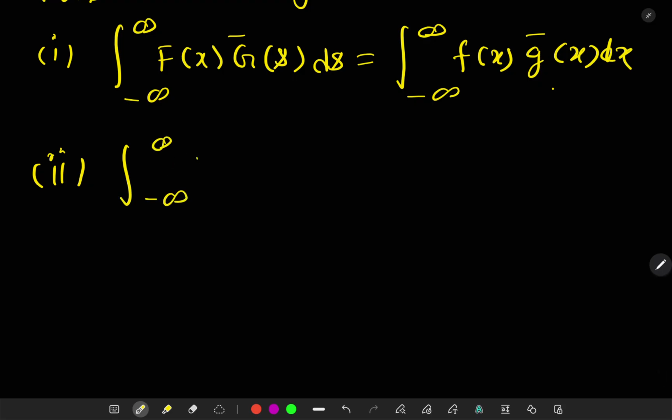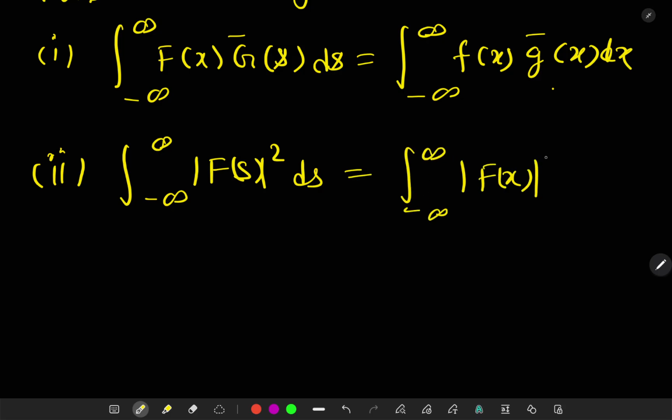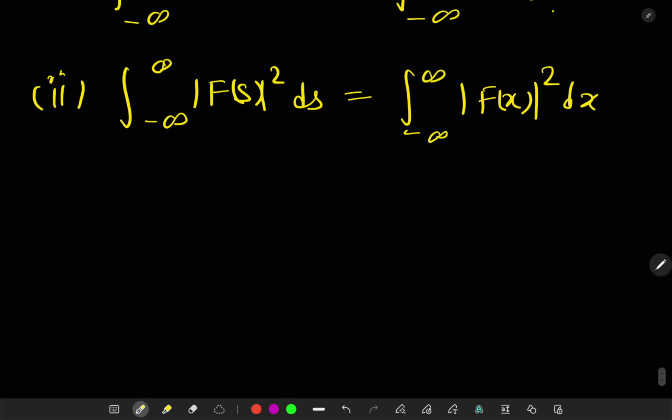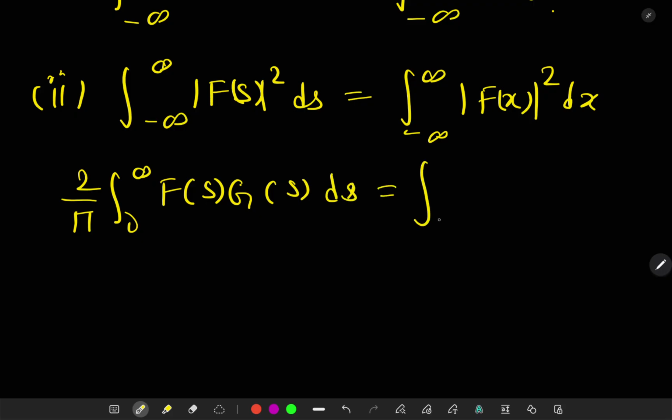Now second property is this mod of f of s square ds is equal to integral minus infinity to plus infinity mod of f of x square dx. And another property is 2 by pi integral 0 to infinity f of x g of s dx is equal to integral 0 to infinity f of x g of x dx.